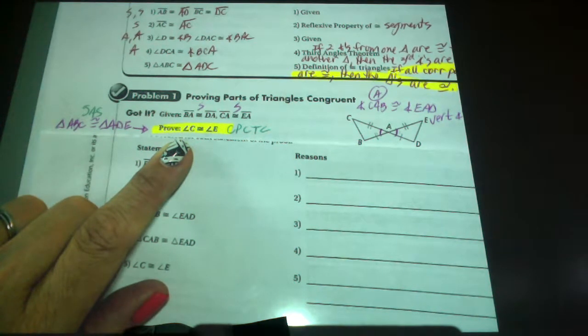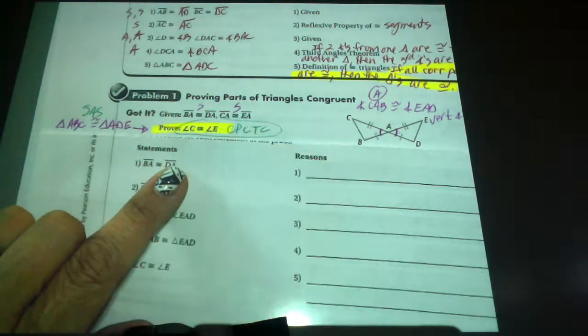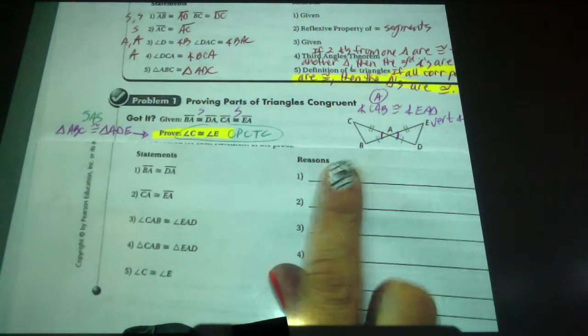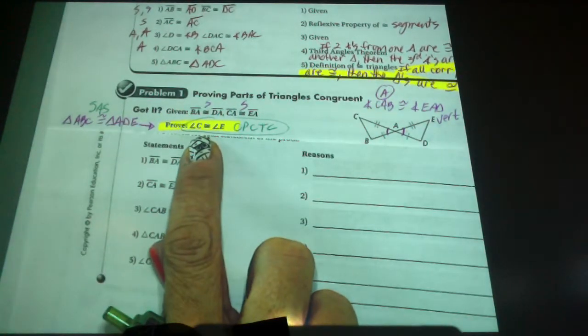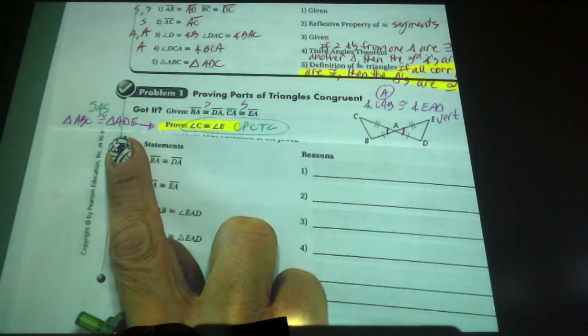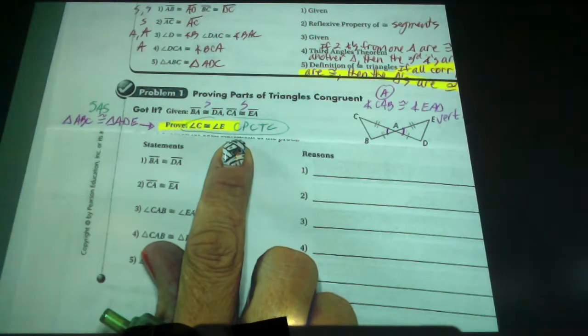But you're not allowed to write that in your proof. That's just your pre-proof point. That always goes with any corresponding parts. It could be sides. They could have said BC was congruent to DE for your proof statement. Doesn't matter whether it's angles or sides. Your reason for that, once you've proven the triangle is congruent, is going to be CPCTC.